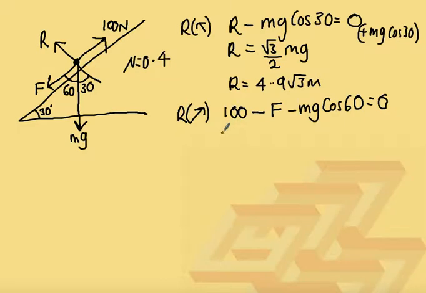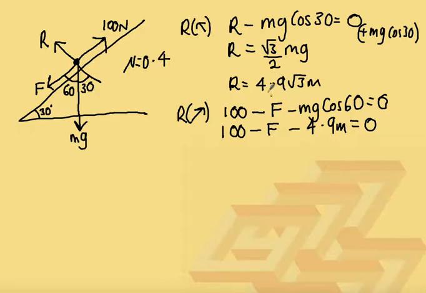And so if I tidy this up a little bit, what we get is 100 minus F. Cos 60 times 9.8 will give you minus 4.9 m equal to 0.